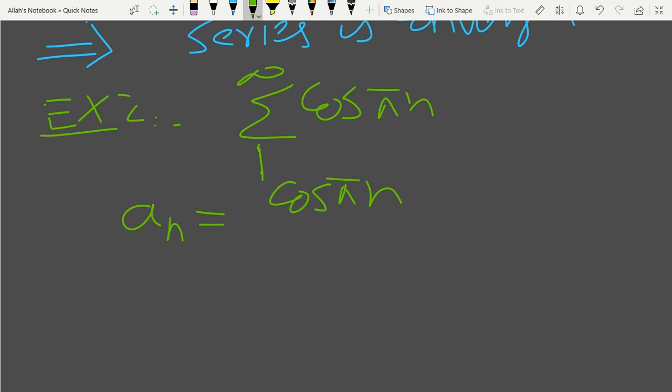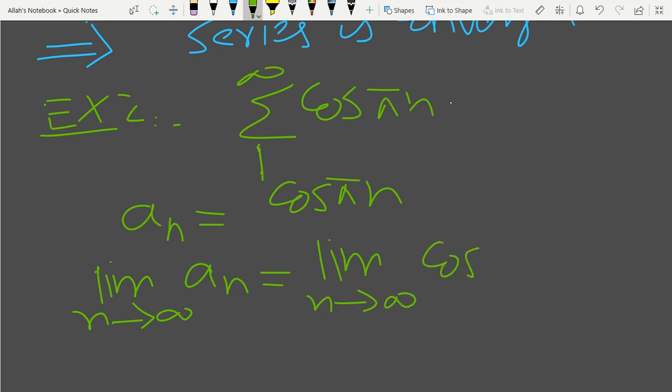When we take the limit as n approaches infinity of a n, which is the limit of cos pi n, we get two values, plus minus 1.